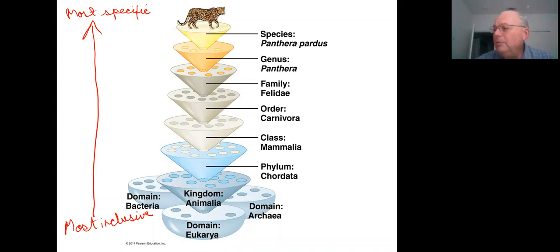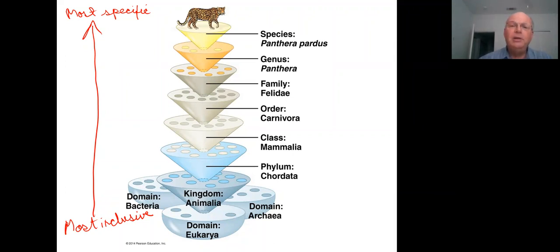And it also should be apparent that these are nested categories. So species are nested inside a genus, genera are nested inside a family, families are nested inside an order, orders are nested inside classes, classes are nested inside phyla, phyla are nested inside kingdoms, and the kingdoms are then nested into the domains. The domains are the only categories that stand independently and are not actually nested into something else.